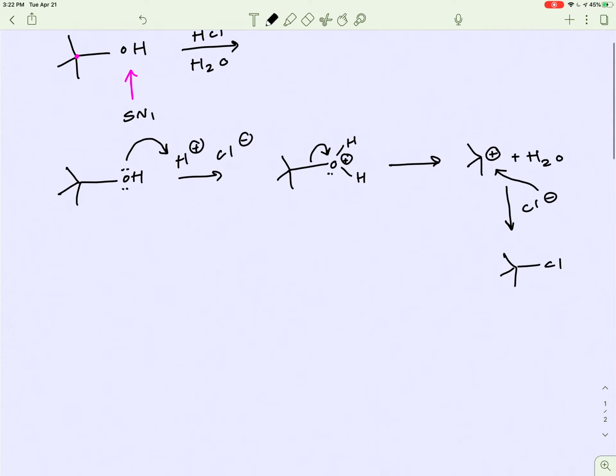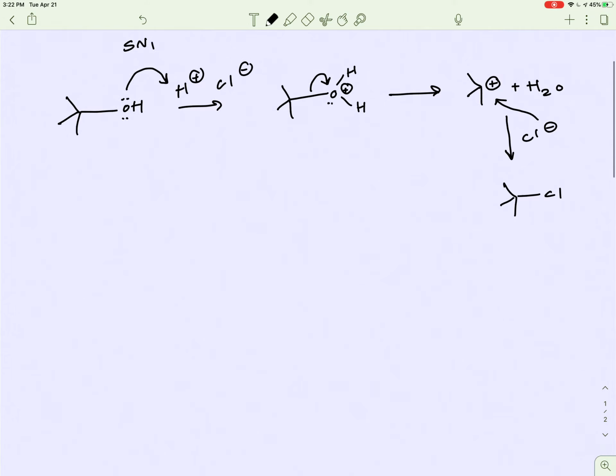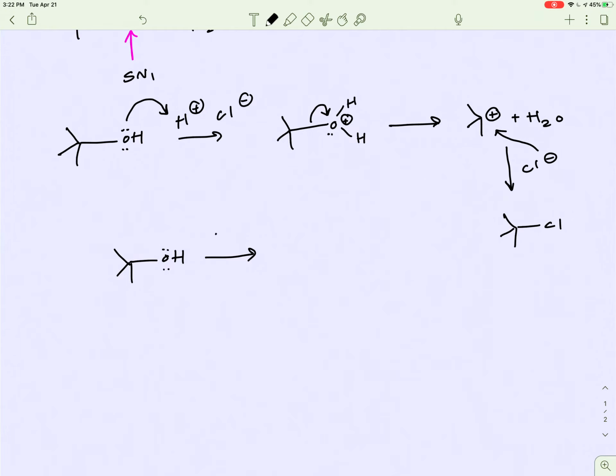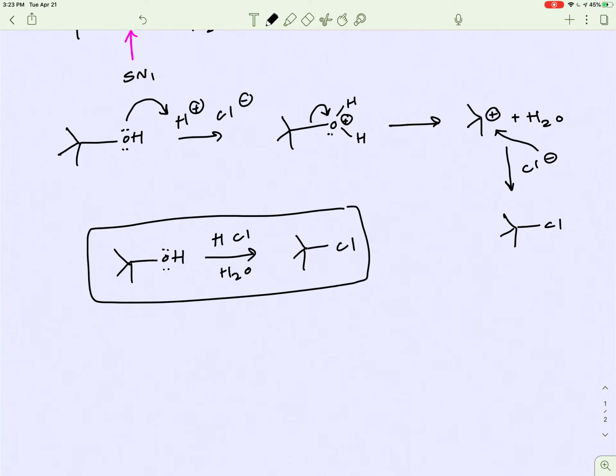And this is the mechanism that you guys need to know. That's it. So notice how we started with the tertiary alcohol, and because alcohol is a bad leaving group, I can add HCl, which can dissociate into hydrogen and chlorine. When I put it in water, now I can make this OH into water, make it a good leaving group, let it go. Then I can replace the OH with a Cl. And this is the overall mechanism.